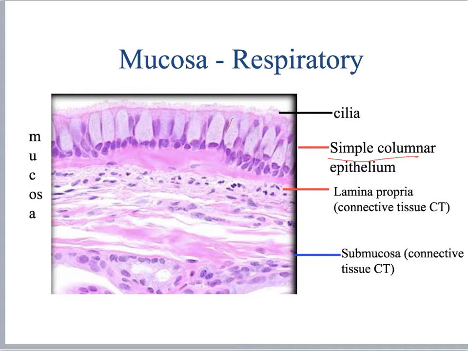And so you can see we've got quite a few goblet cells. And then here are the simple columnar cells in here. And then I've got cilia sticking out here, and this is my lamina propria, all right? And then I've got submucosa, which is a different foundation of connective tissue down there, okay?